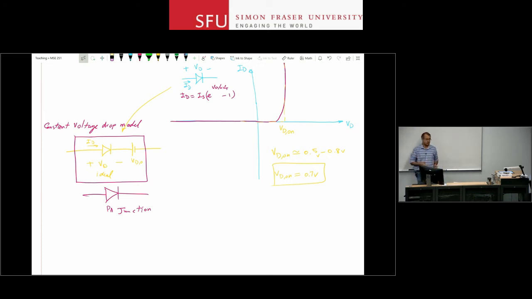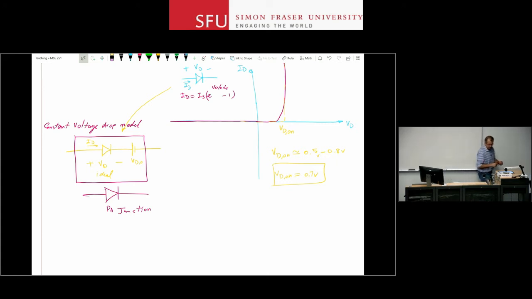And that voltage doesn't change much. So constant voltage drop model, or for short, constant voltage model, right? And by doing that, we simplify our calculations significantly. Now, again, if you figure out if that diode is on or off, in most cases you're left with a linear system of equations that you can solve in one shot. And basically life is going to be easy again.